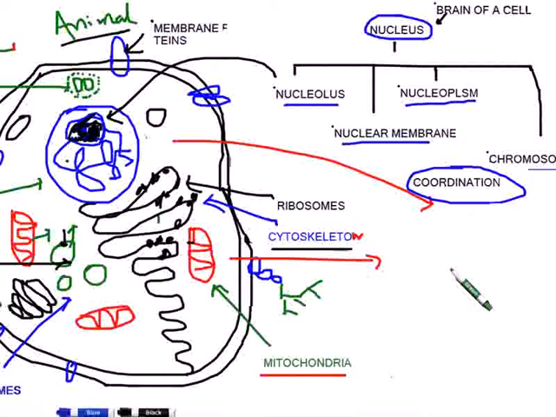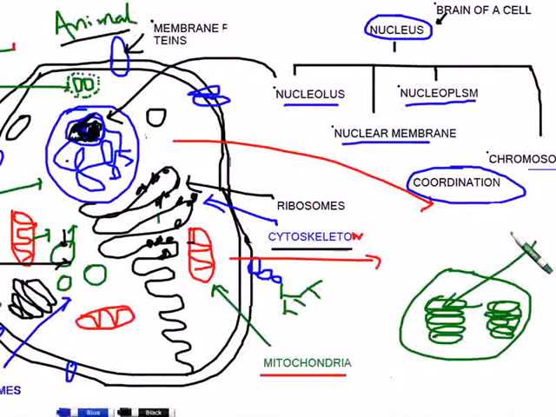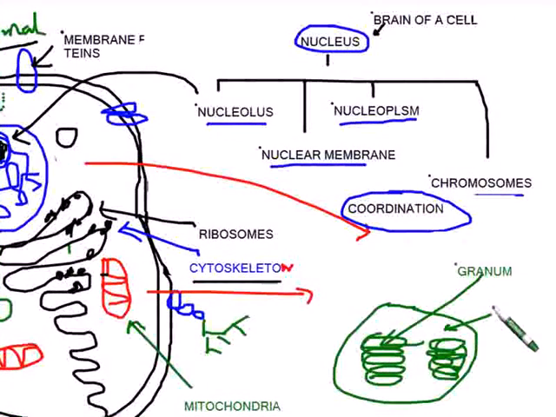So when we talk about chloroplast, the chloroplast structure will be like this, and we have these small structures like plates, we call them the grana, and you have a matrix too. The matrix is called stroma. So we have this grana, we have stroma here, and we have a membrane on the outer side.